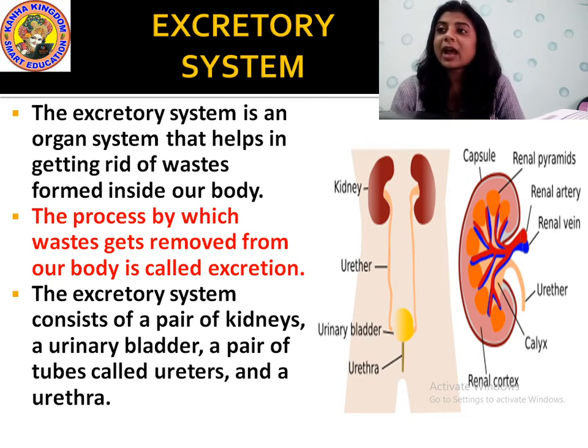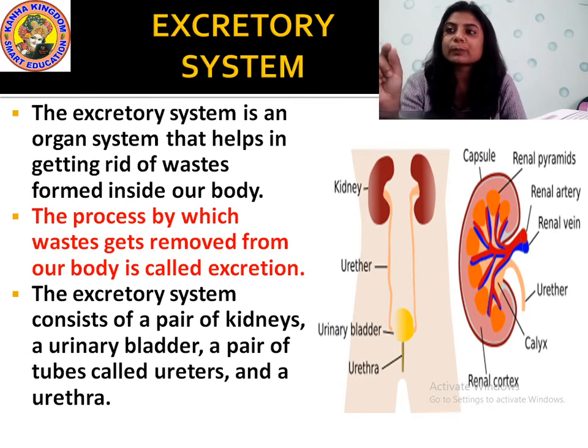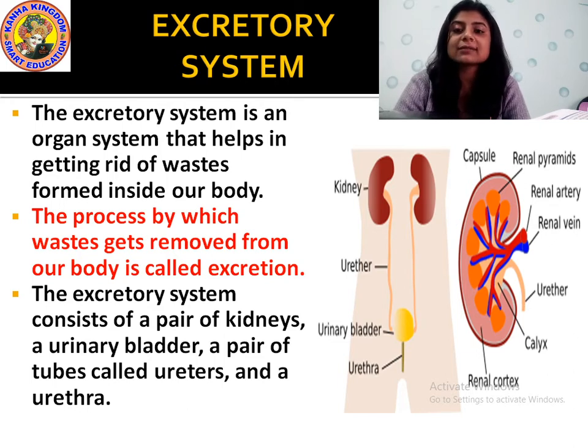Kidney, urethra, it is the small tube-like structure. Can you see in the picture? It is the small tube-like structure which gets connected to the urinary bladder, and then the waste that is formed in the urinary bladder comes out through the urethra, U-R-E-T-H-R-A, urethra. It is pronounced as urethra.